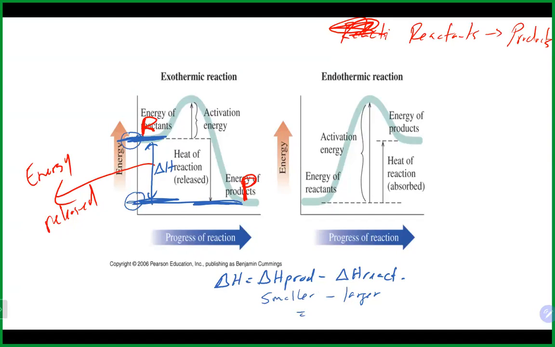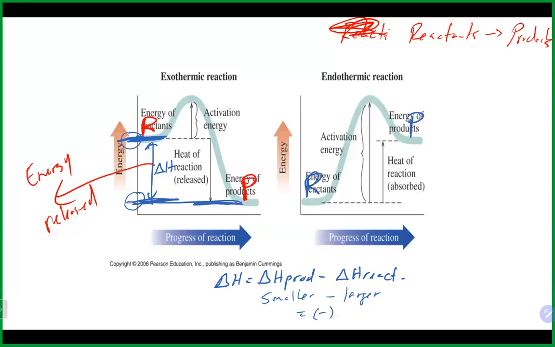So this is why the delta H value is negative in a reaction like this, because the difference between the energy of where the products end up to where they started with is actually a negative change that occurs, and that implies that the energy is being given off. Any questions on that?